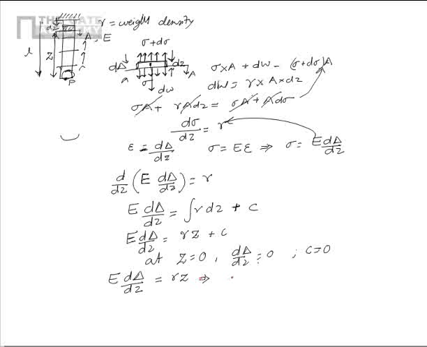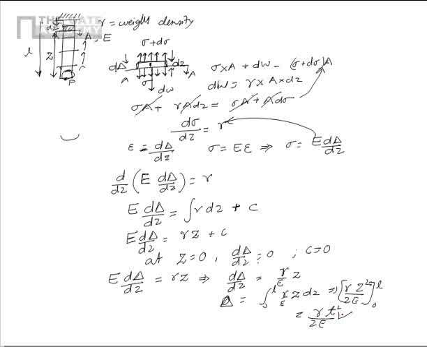Now this can be integrated again by rearrangement, gamma by E z. So I integrate over the whole length. Delta is equal to the integral over the whole length of gamma by E z dz. That is gamma z square by twice E, from 0 to L. So that is gamma L square by 2E.